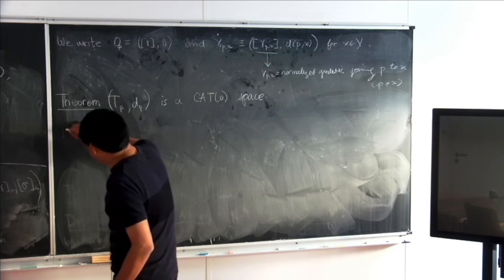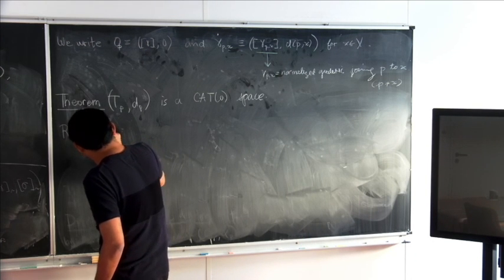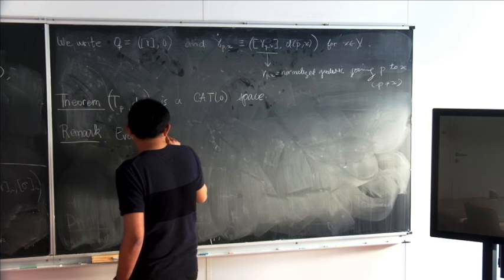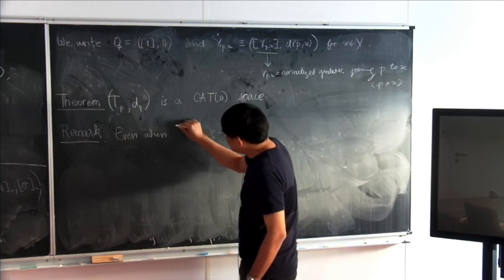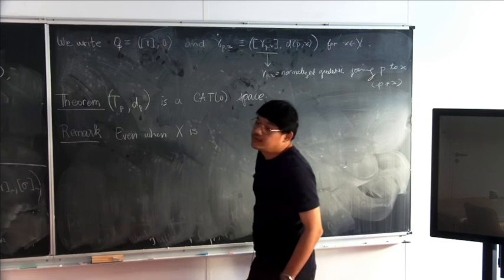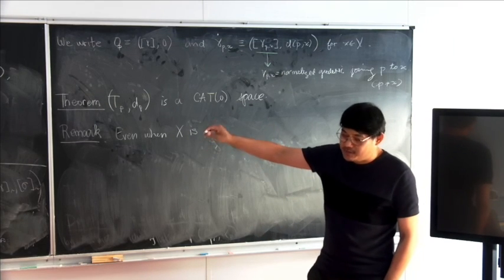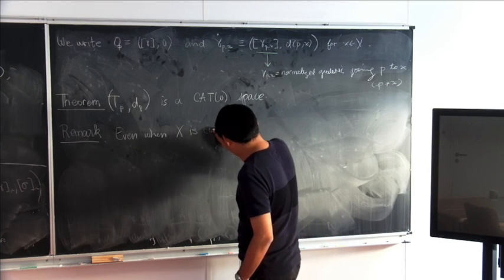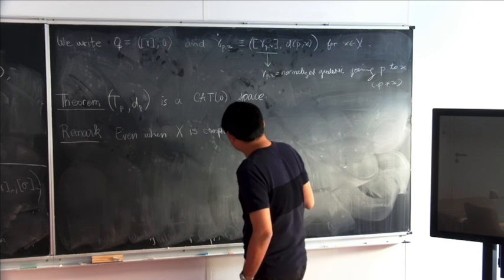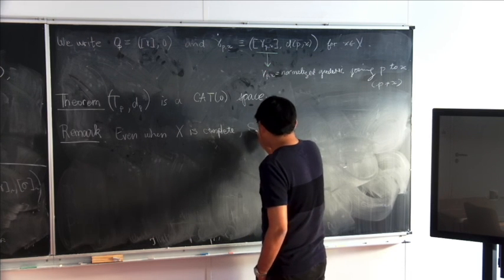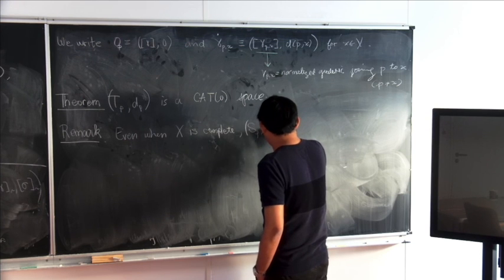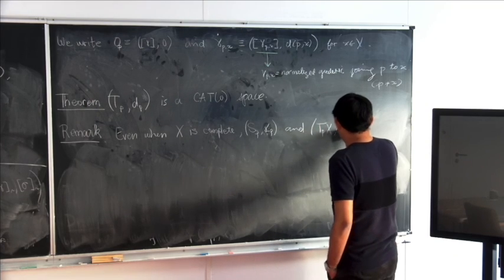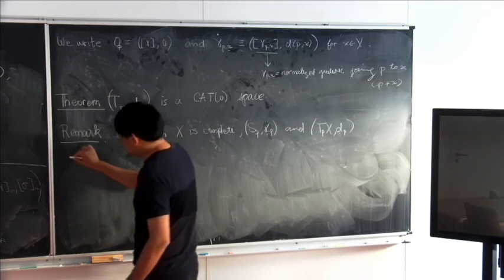And we have a big remark here. So even when X is complete, we assume the completeness from the beginning, but actually we don't really need that up to now. But even when X is complete, the space of directions Sp and the tangent space Tp, dp are not necessarily complete.